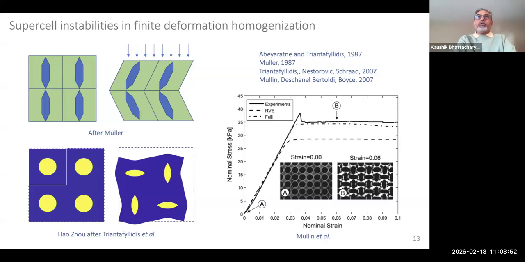So when you have this kind of small scale nonlinear behavior, you very often end up with a very different notion of effective property. And it's never quite clear what your unit cell should be because you can have very long range instabilities. So you really cannot assume that there is an averaging or separation of scales because you can have long-range instabilities. There are many other examples of this kind in finite elasticity.